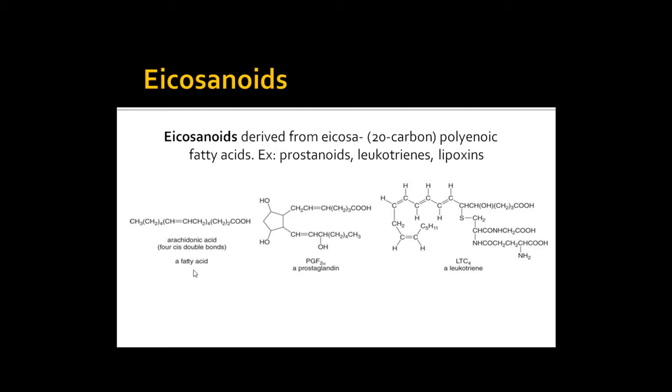Shown below are further examples of eicosanoids. Arachidonic acid, which is a 20 carbon fatty acid, is an example of eicosanoid. Prostaglandin, this is the structure of prostaglandin F2. This is again an eicosanoid. It is derived from 20 carbons. And leukotrienes.